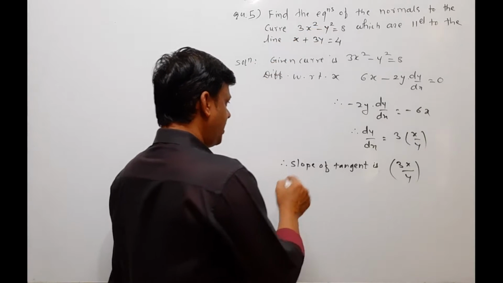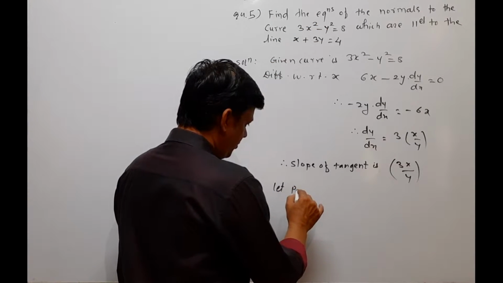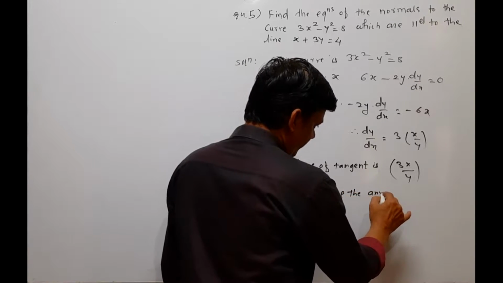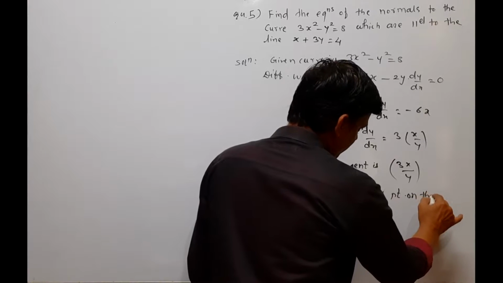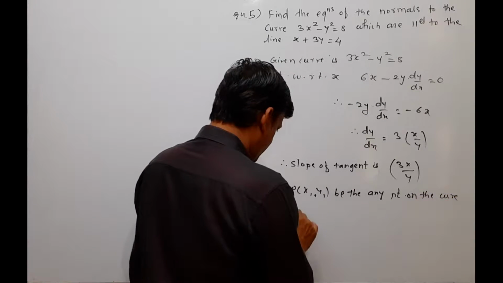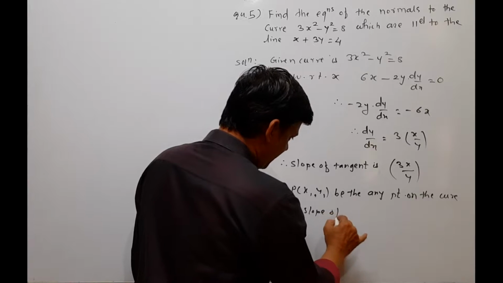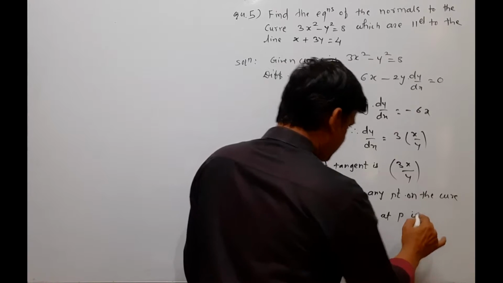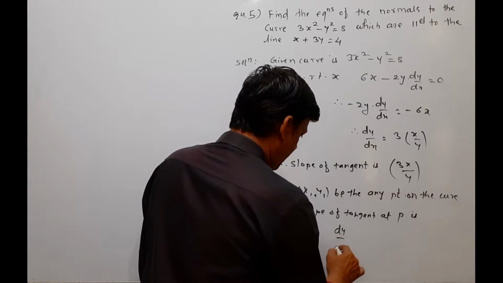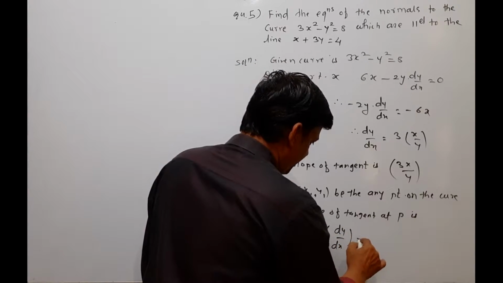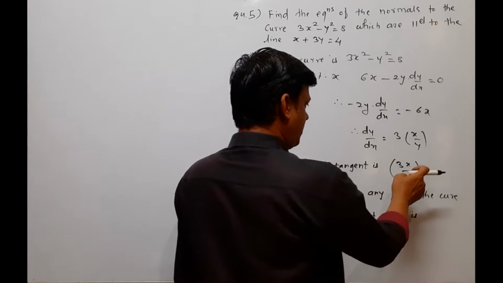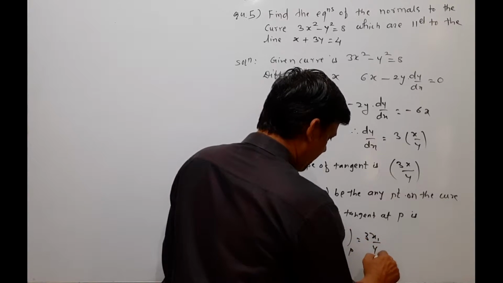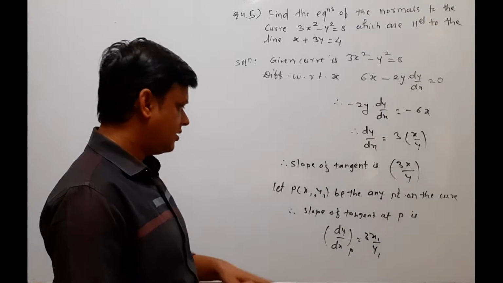Now we require slope of tangent at a point where we have to find the equation of normals. So we consider here point, let P of x1 y1 be any point on the curve. Therefore slope of tangent at P is, we write here dy by dx at P is equals to, we write this x as x1, y as y1, so write here 3x1 upon y1 as the slope of tangent.